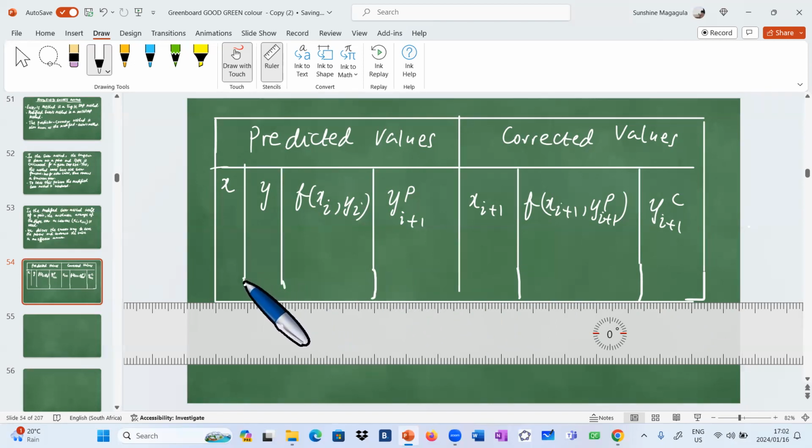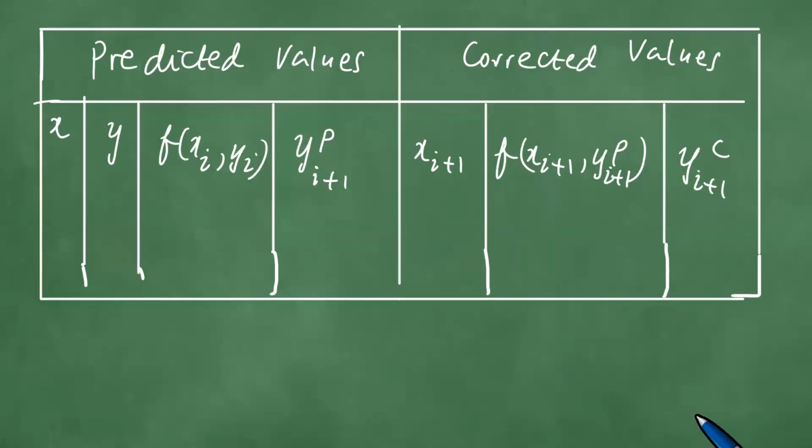Let's continue quickly, please. There are a couple of things that I'm going to look at, for instance, the idea of the predictor and corrector methods and how these two methods are interrelated.